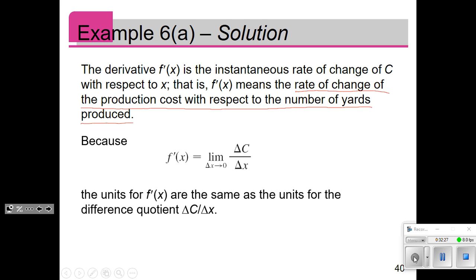Because F prime of X equals, this is the last kind of limit definition that we learned, the limit as change in X approaches 0 of change in cost over change in yards.